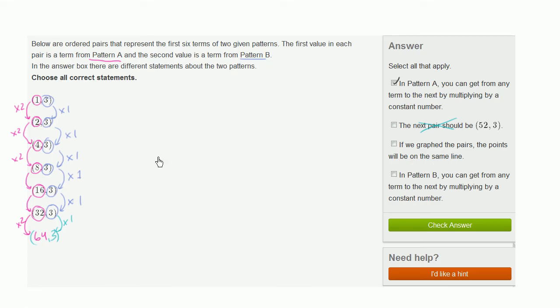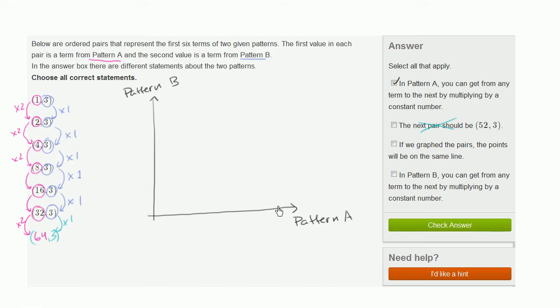The next choice: if we graph the pairs, the points will be on the same line. So let's think about that a little bit. This is my vertical axis. This is my horizontal axis. On the horizontal axis, I will graph pattern A, and on my vertical axis, I will graph pattern B. Pattern A goes all the way up to 32, so I'm going to try my best here.